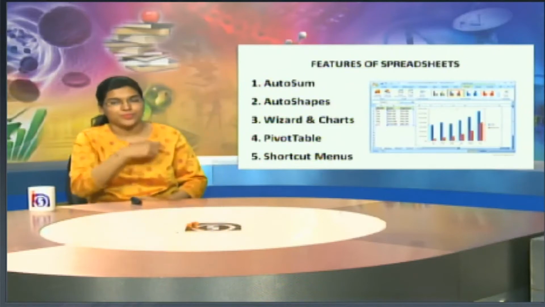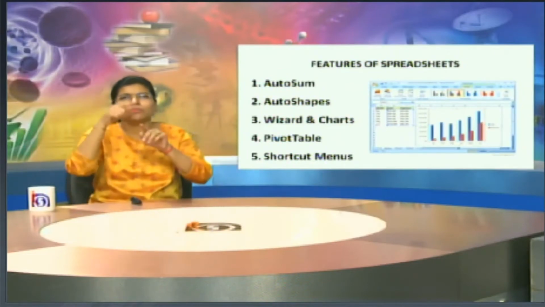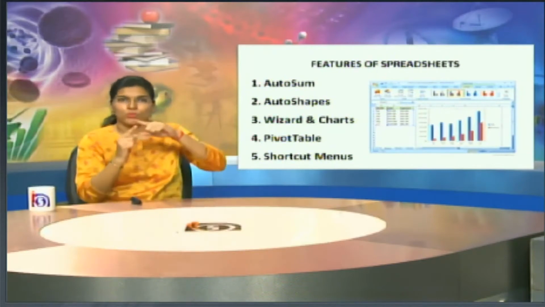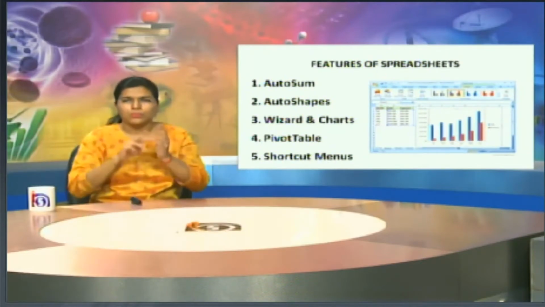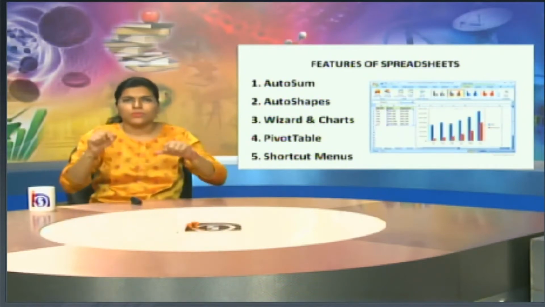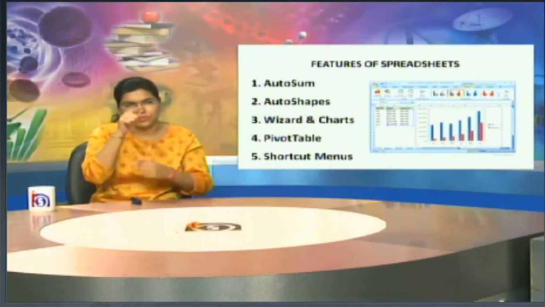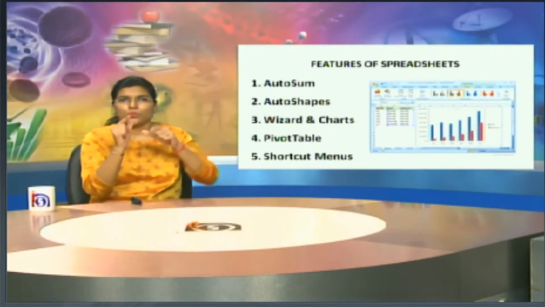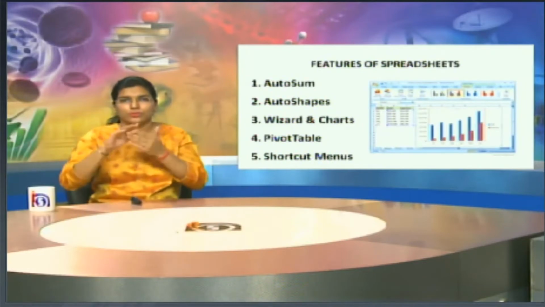You can see in this picture on the screen, these are the features of spreadsheet. There are some numbers written. The first one is Autosum. Autosum is used for addition, and plus, minus, multiply, divide, all these calculations are done in the Autosum.